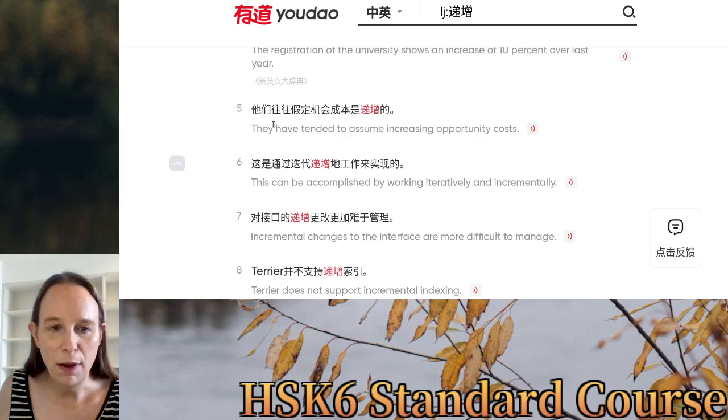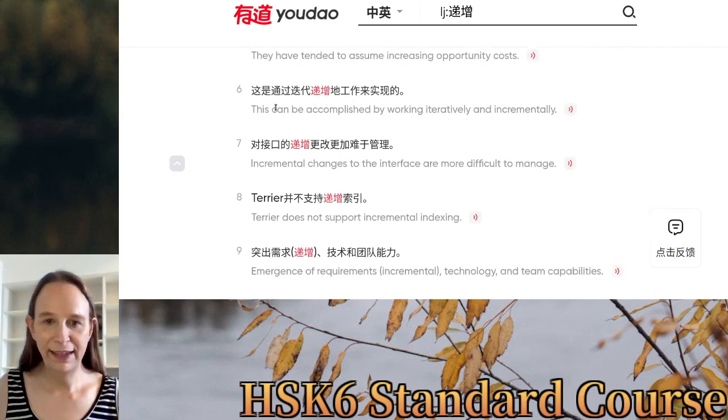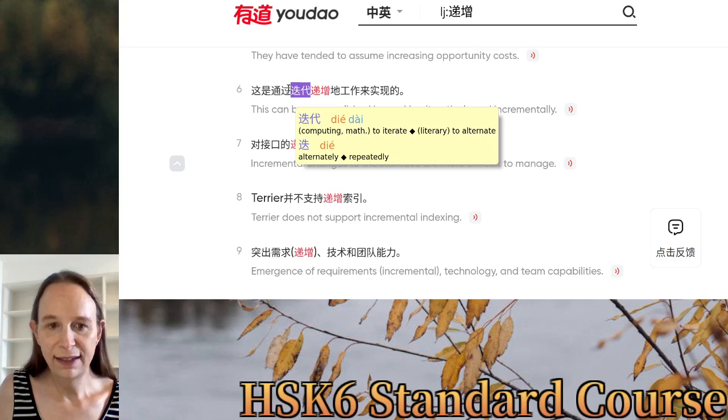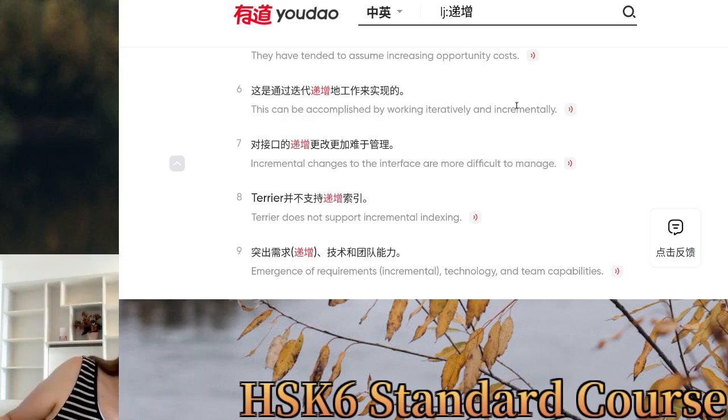So they assume opportunity costs increase gradually. 就是通过迭代. What is 迭代？迭代 iterative. Okay. 迭代递增的工作来实现的。Iterative and incrementally. Yeah.